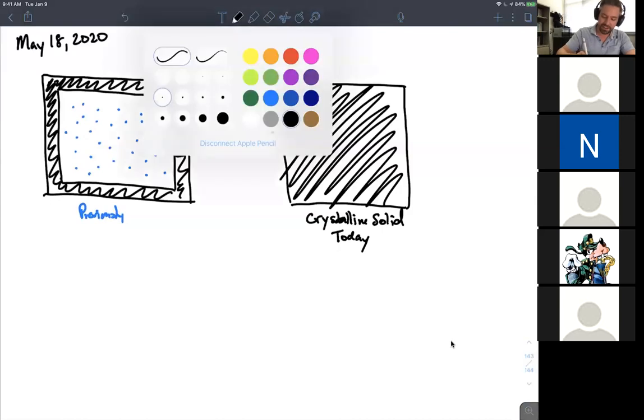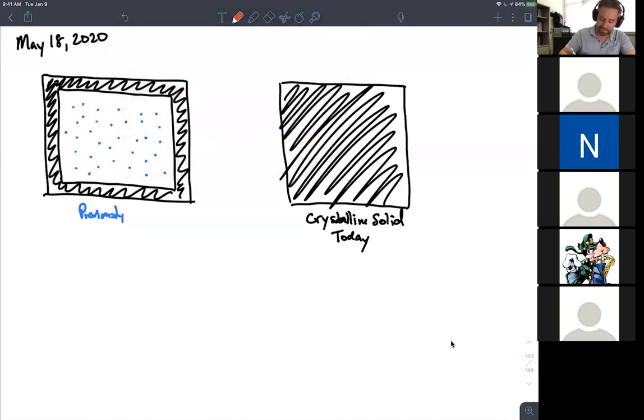So now let's think about how this box is going to behave. So let's zoom in really, really close on a part of this box. Okay, so it is a crystalline solid, and all crystalline means is that the atoms or molecules that make up the material are organized in a regular pattern.